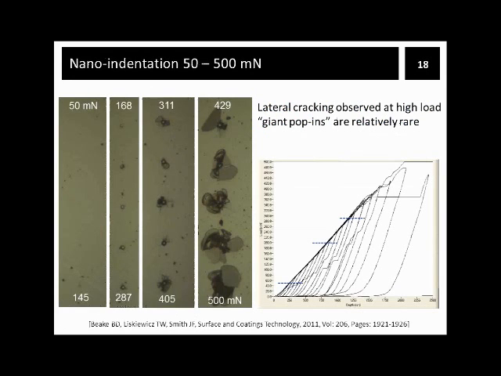So these are the images showing individual indents between 50 and 500 millinewtons load, with some cracking and then delamination visible under higher loads. And these are corresponding loading curves which we can analyze, and we can try to identify some critical loads, which is done here.